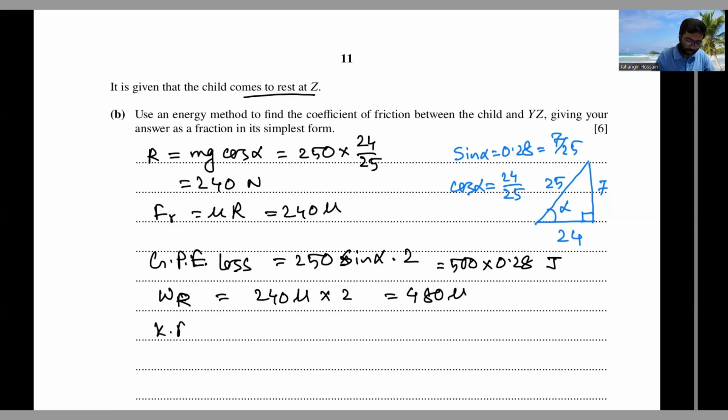And KE loss is half into 25 into v squared, where v is 4 root 2, minus 0 squared.